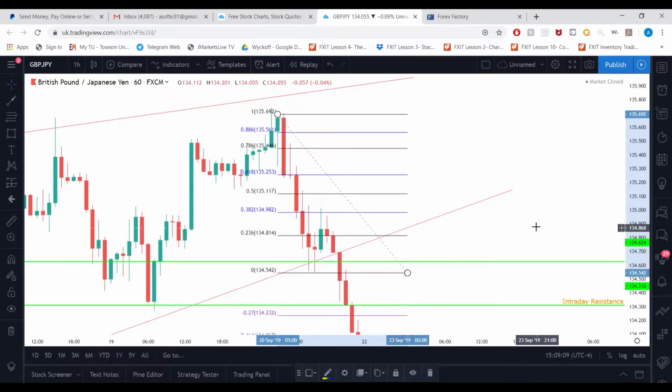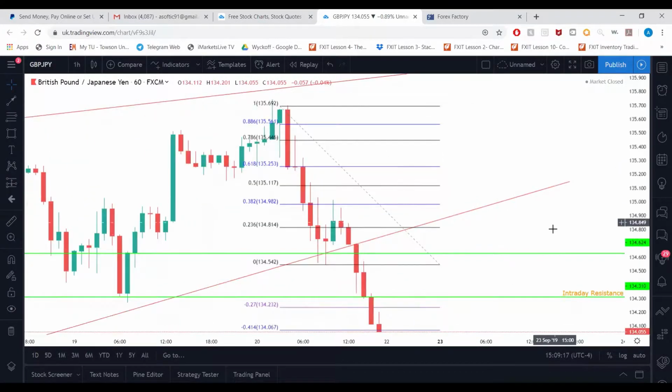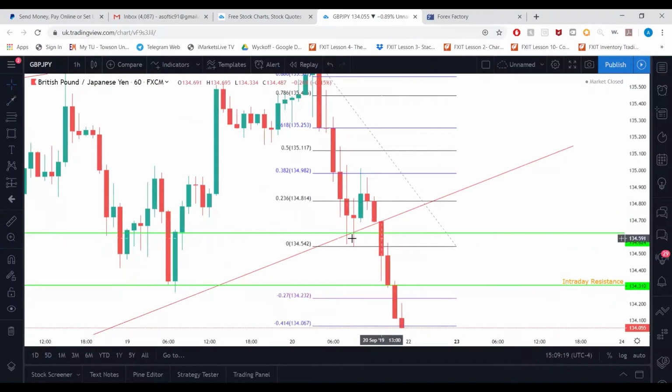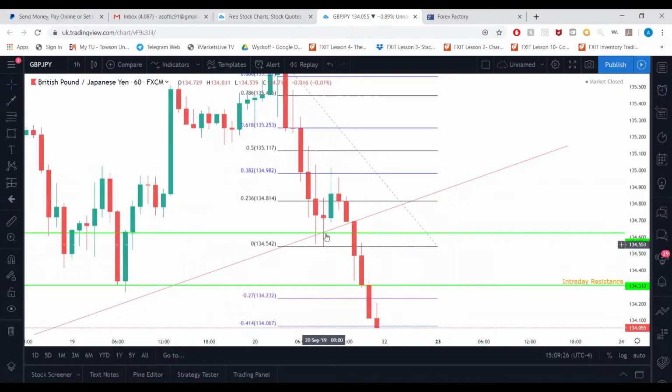Does that make sense? So this bearish impulse started here on the top and ended back here on the bottom, right? So now we look for this retrace because these wicks are also indicating this was intraday support at the time. So we go to 38.2.